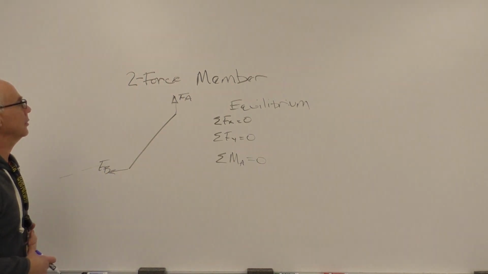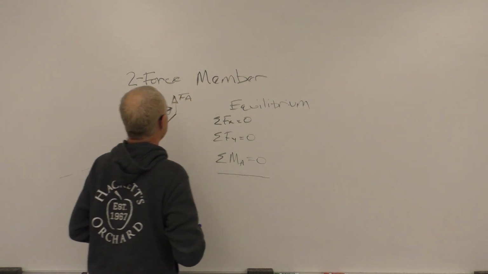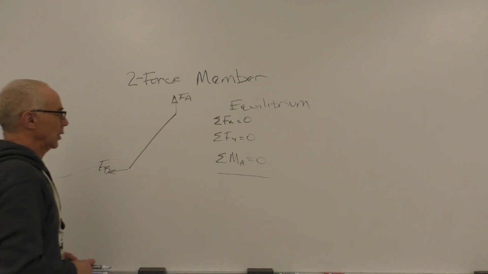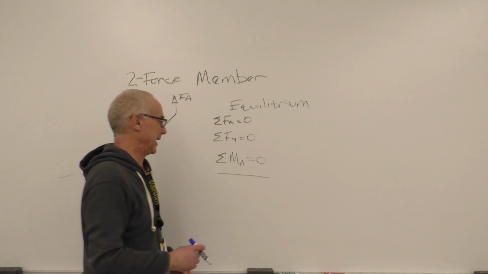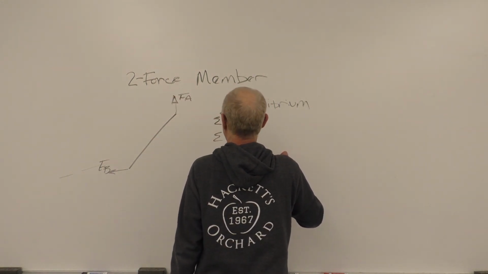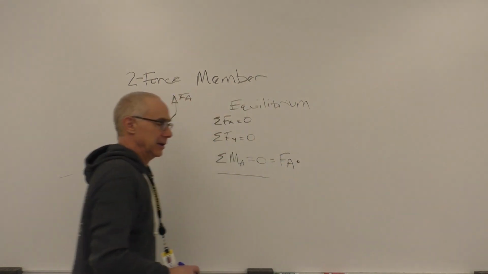So if this were the case, let's look at the sum of the moments being equal to 0 first. Let's look at the case where we're looking at the sum of the moments about A equal to 0. I'll do this in a formal way, which will have first f of A times its moment arm.